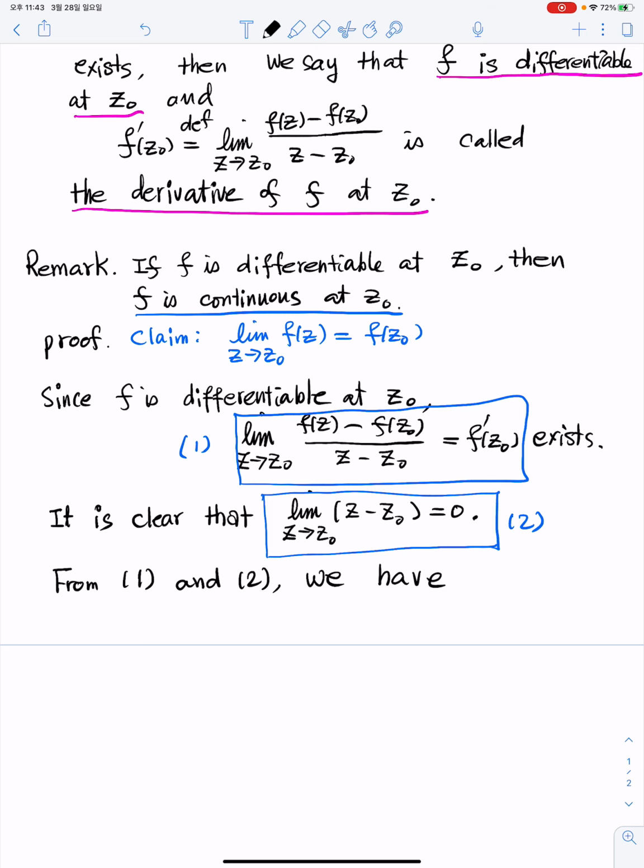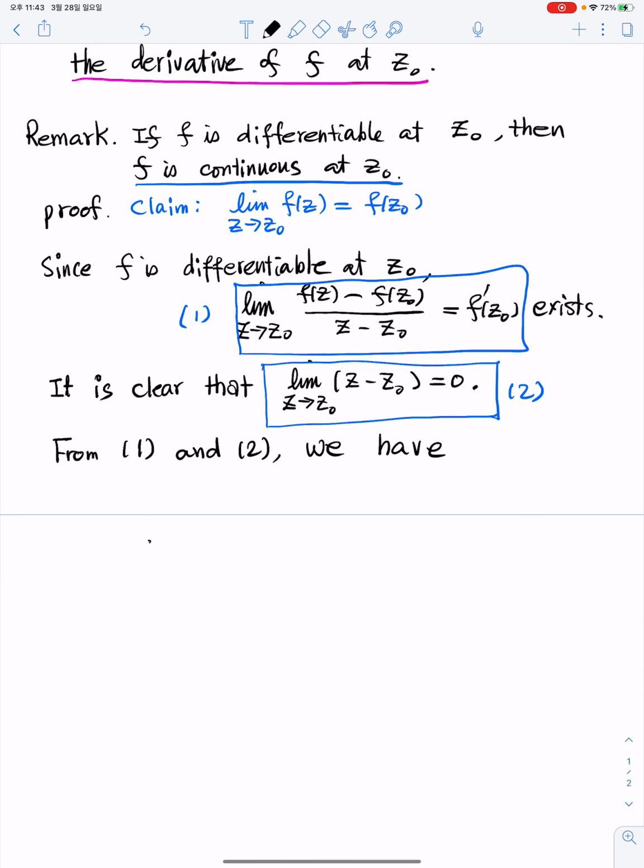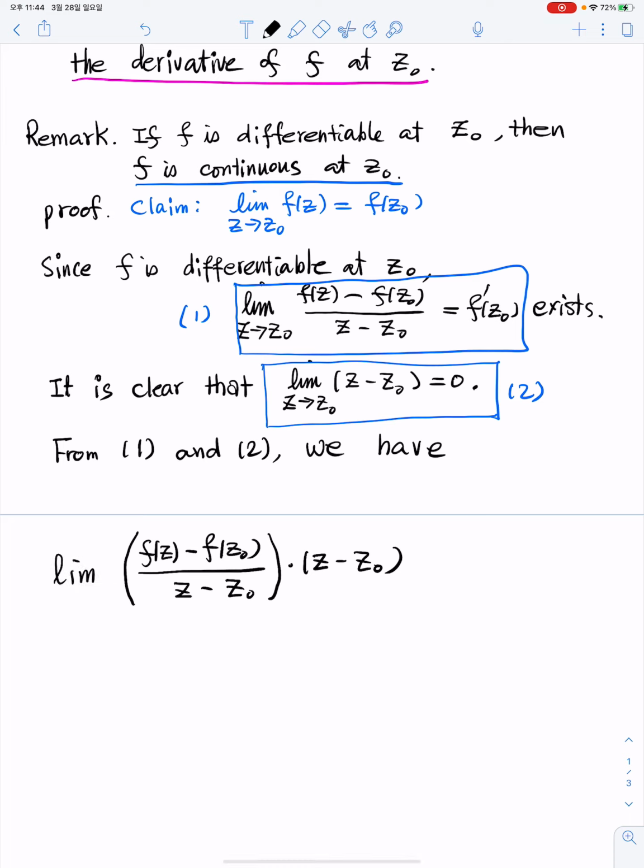We have that the limit of f of z minus f of z0 divided by z minus z0, this guy multiplied with z minus z0, and they take a limit z approaches z0. So that would be one of the properties we studied for limit.